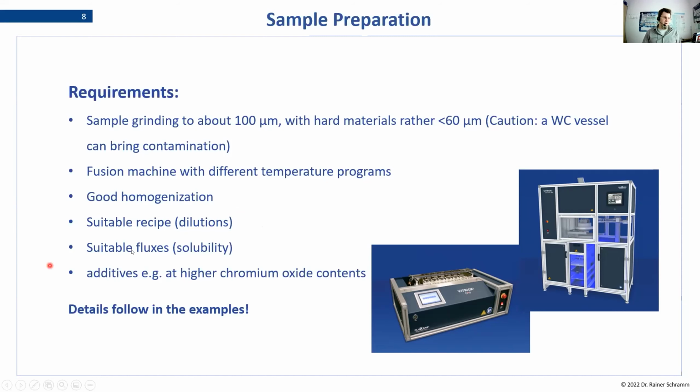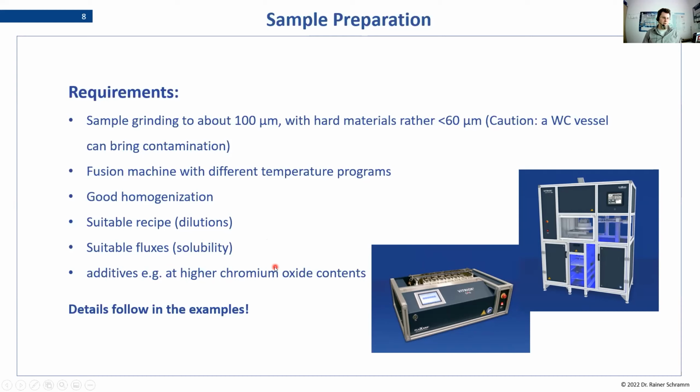And of course, we need a flux that works and performs well, which in the end, the latest trend is a mixture of tetra and metaborate, which just helps dissolve some of the elements present more reliably. And we need some additives in some cases; chromium oxide is a very good example here.